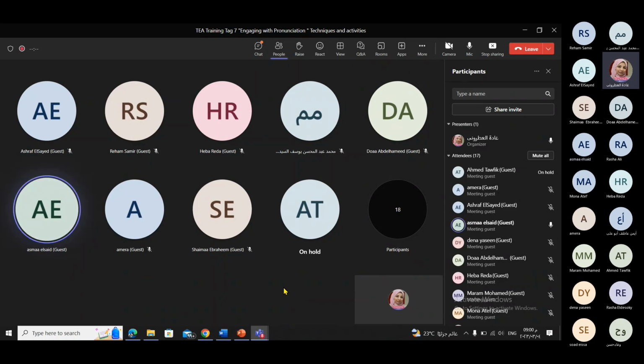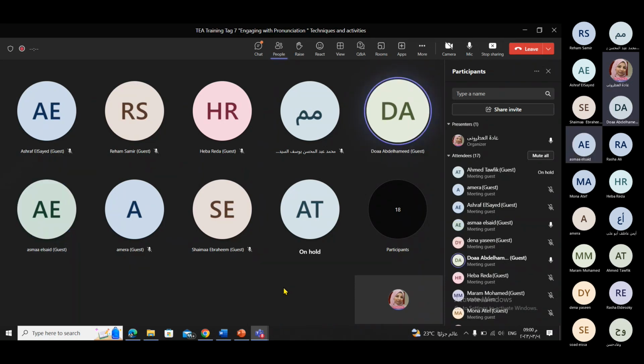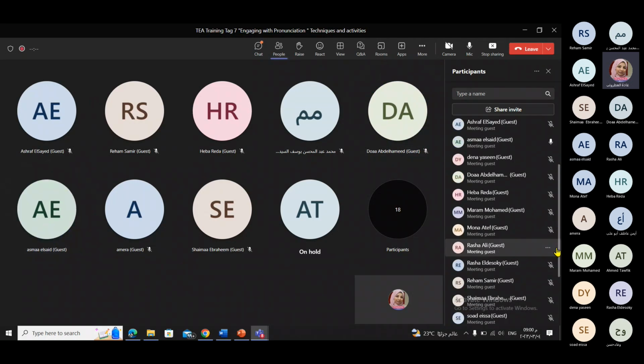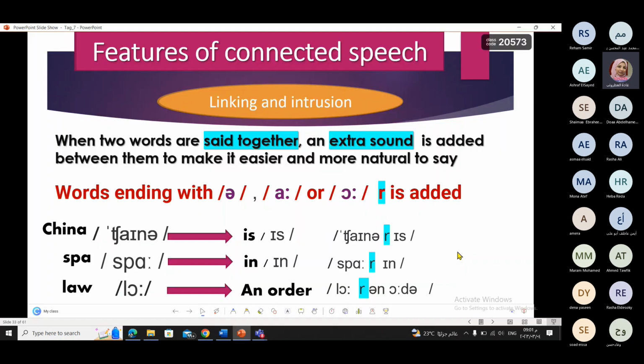And linking and intrusion. Very good, Dua. And very good, Asma, by the way. Thanks. And Rasha was saying something. What did you say, Rasha? Assimilation. Yes, perfect. Excellent. Well done.